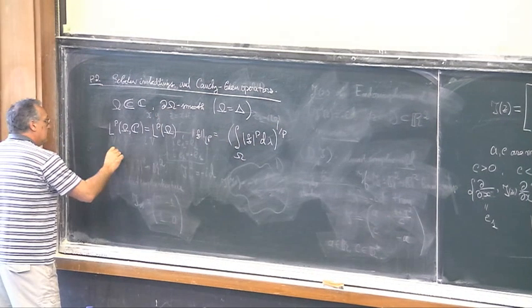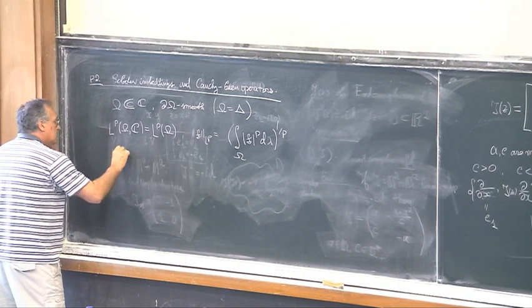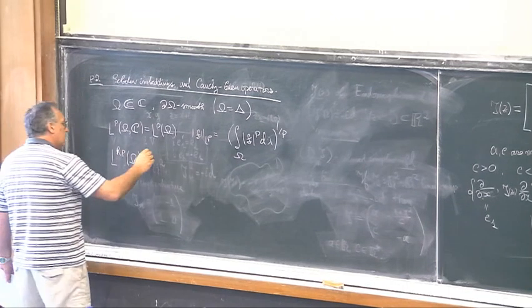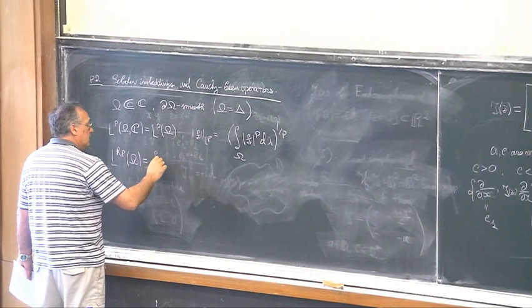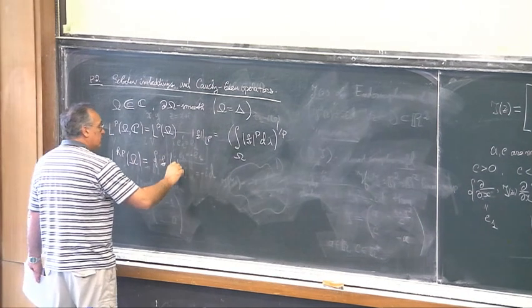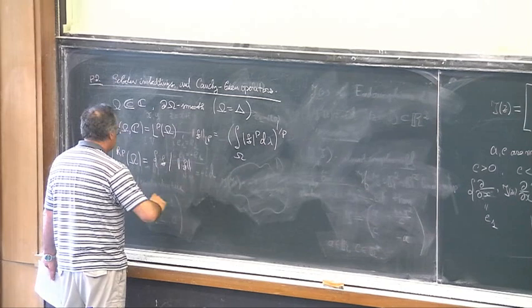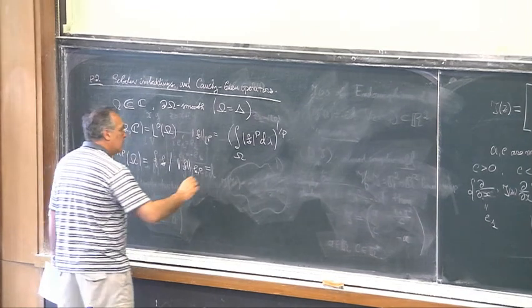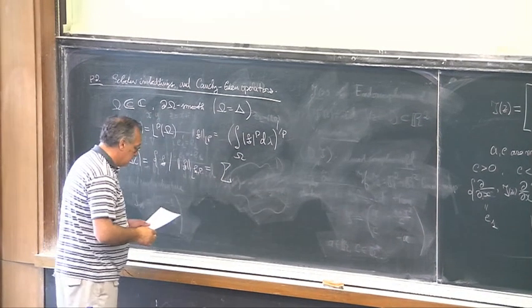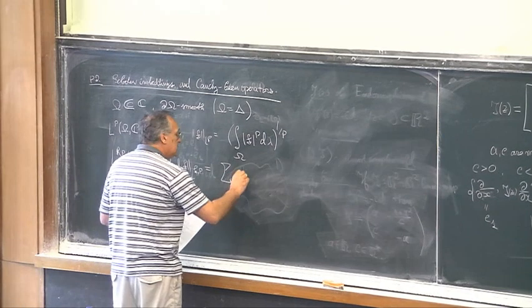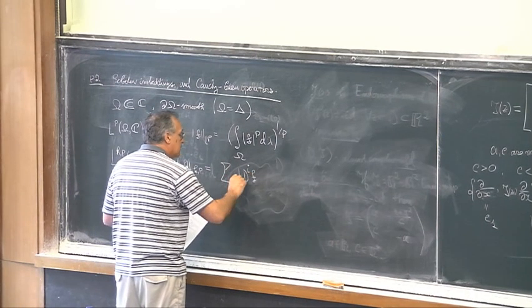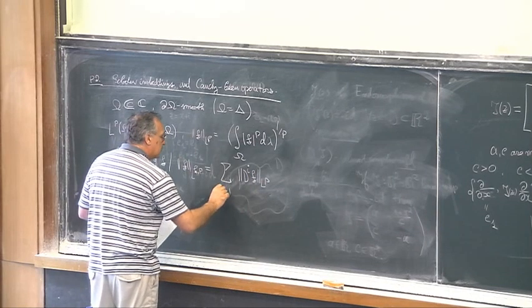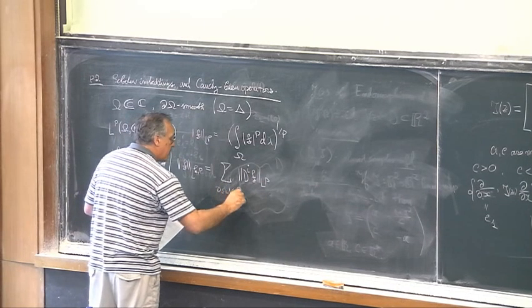By L^k_p of Omega, we shall denote the Sobolev space of f such that the following norm is finite: the L^k_p norm, which is the sum of the L^p norms of derivatives D^i of f, i from 0 to k.